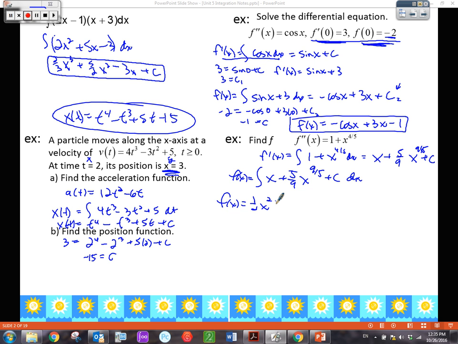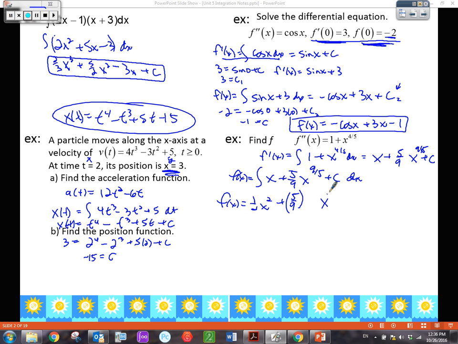1/2 x squared. Then this next one is a little fraction issue. I'm actually going to write down the 5/9, because I don't want to try to do the fractions in my head. I'm just going to leave it there for a second and deal with x to the 9/5. If I add 1 to 9/5, I get 14/5, right?